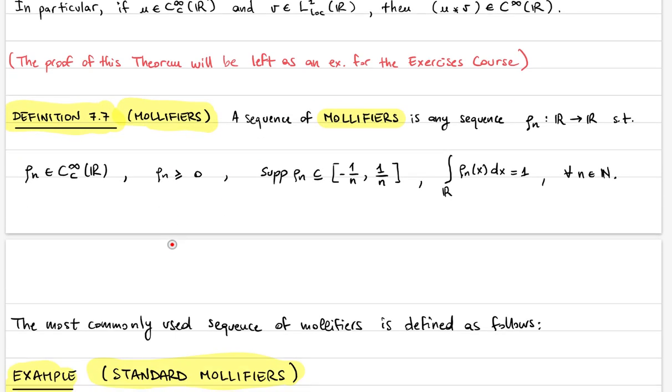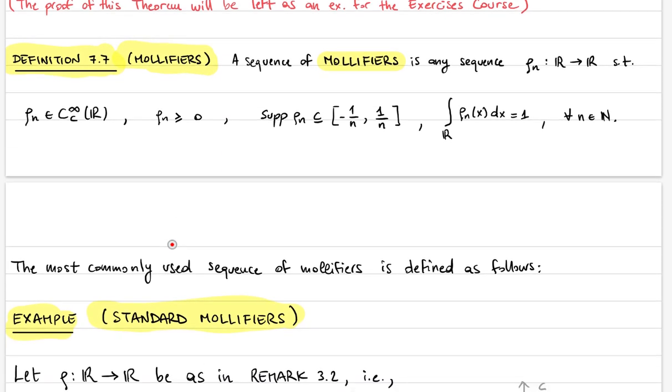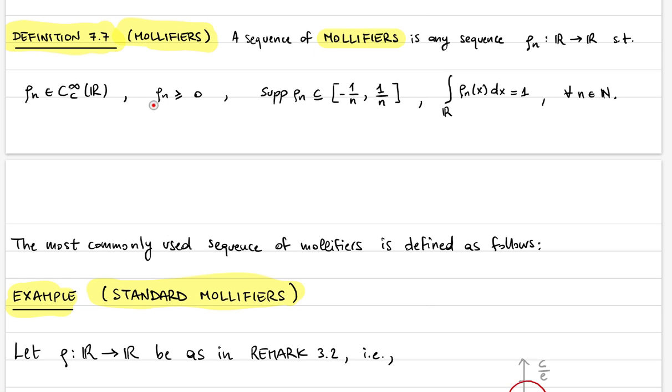Okay, let's introduce mollifiers. A sequence of mollifiers is any sequence of scalar functions such that these properties hold for each n. The first property is that rho n is a C infinity compactly supported function.